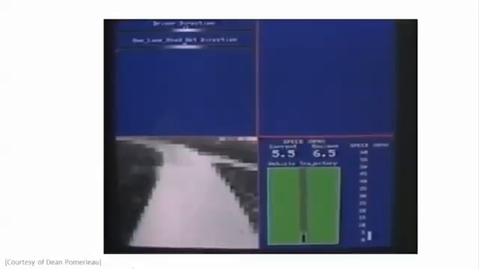Initially, the network steering response is random. After about 2 minutes of training, the network learns to accurately imitate the steering reactions of the human driver. This same training procedure is repeated for other road types.